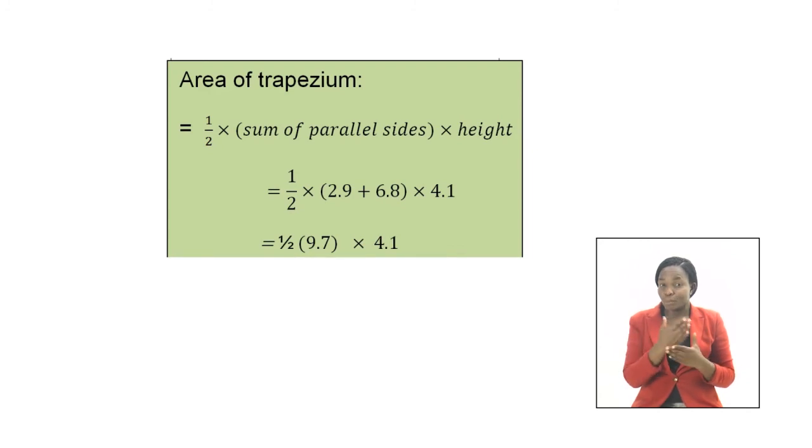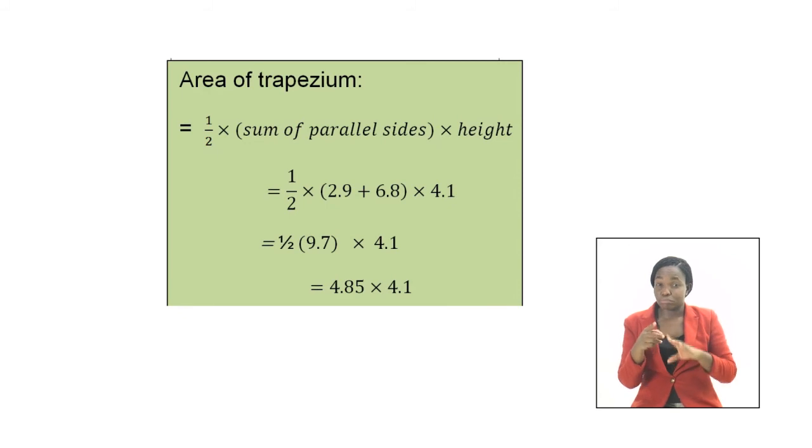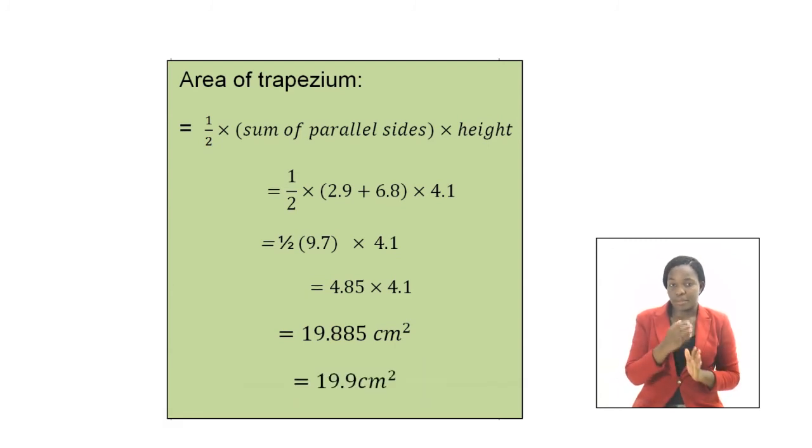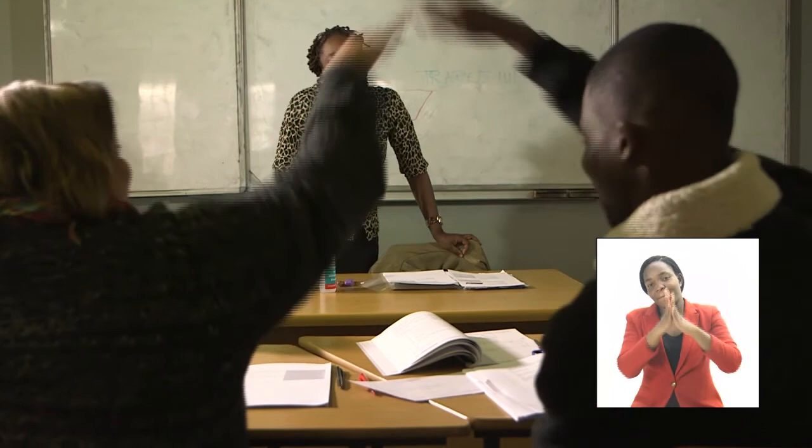Half of 9.7 is 4.85 times 4.1 is 19.885 centimeters squared. To one decimal place, it would be 19.9 centimeters squared. Now I feel good about this work. Are you guys ready for tomorrow then? Totally.